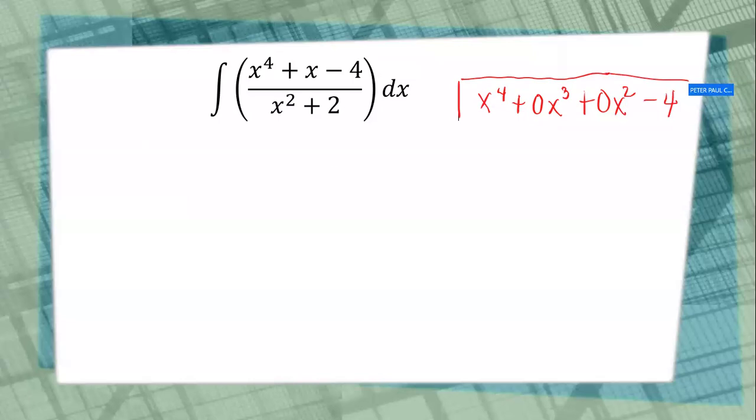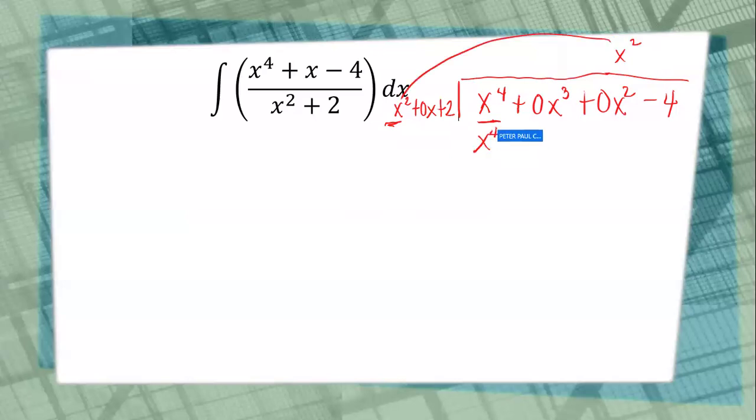So we are actually dividing it by x squared plus 0x plus 2. So we divide the first term first. X to the fourth divided by x squared is x squared. Next, we multiply x squared times x squared. That is an x to the fourth.